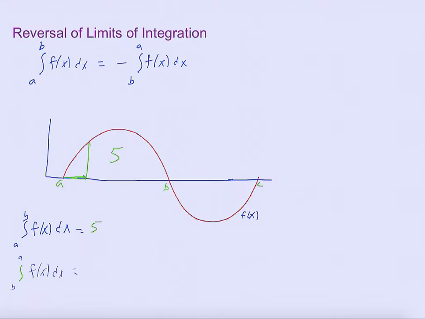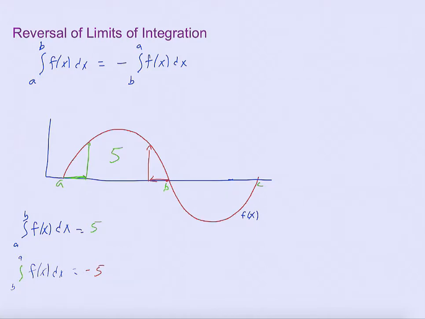The big difference is that it's still the product of a y value times an x distance, but now, it's the same y value up here, that's f of x, but dx, if I'm going from b to a, is actually going in this direction, it's backwards, so it's a negative number. So it's a positive y value times a negative number, so it makes sense that it's the opposite of the definite integral from a to b of f of x dx.